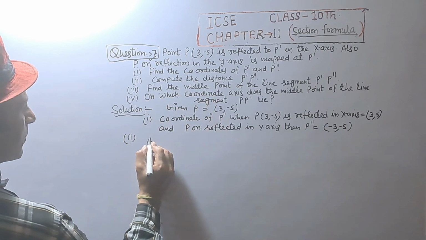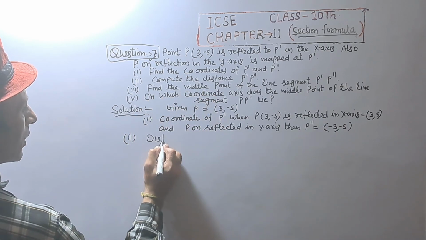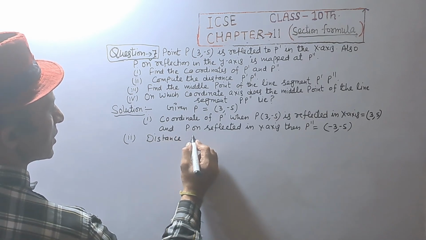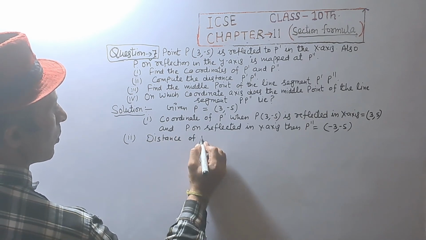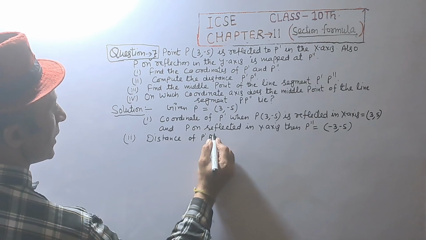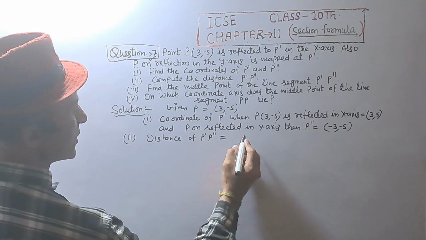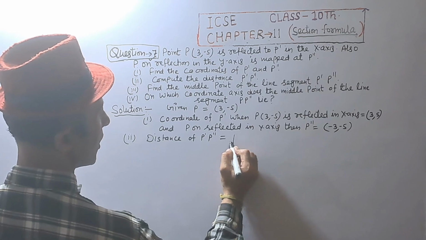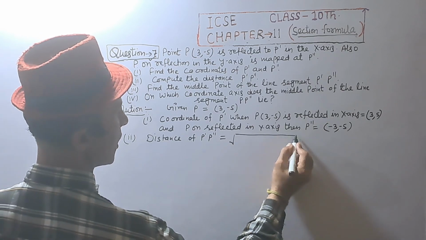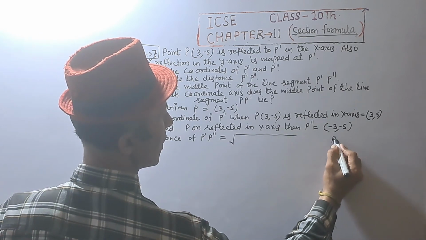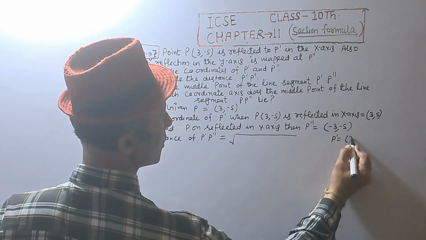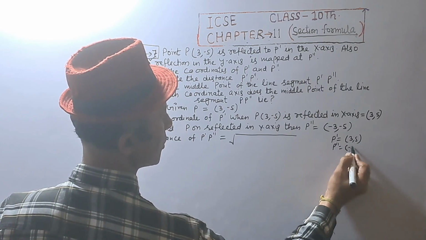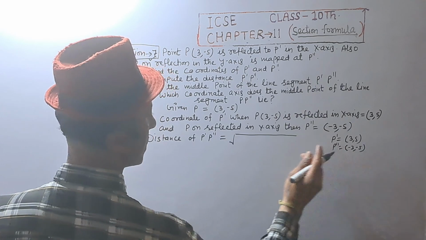Compute the distance of P dash, P double dash. P dash is equal to (3, 5), P double dash is equal to (-3, -5).